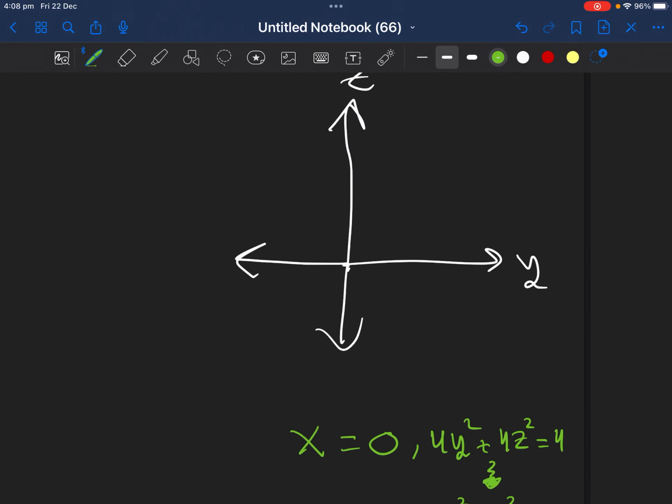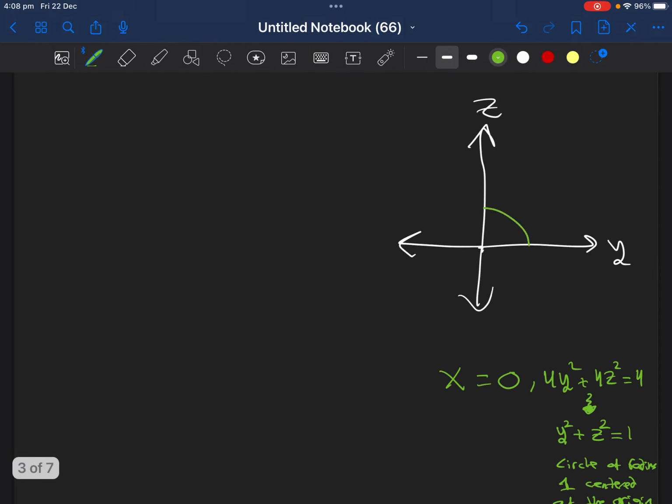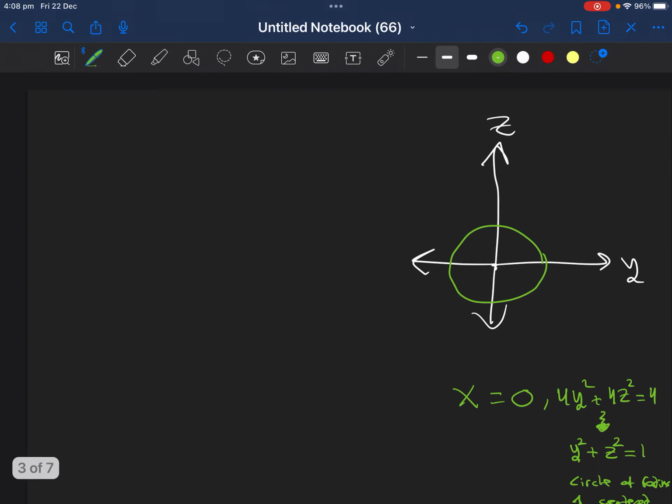So if we sketch it here, we get a circle of radius 1.